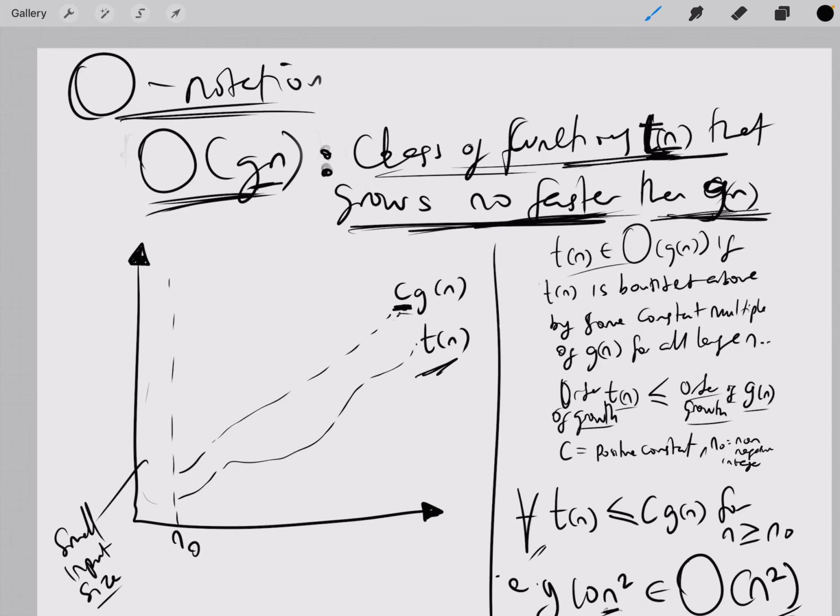So we can have anything inside anything. We can have, let's say, n cube, for instance. If g of n is n cube, we are saying that if something is going to be in the big O of n cube, it's going to have to be either n cube or less than n cube. So it can be n squared, it can be n. All of these are permitted, but it cannot be n raised to power 4.